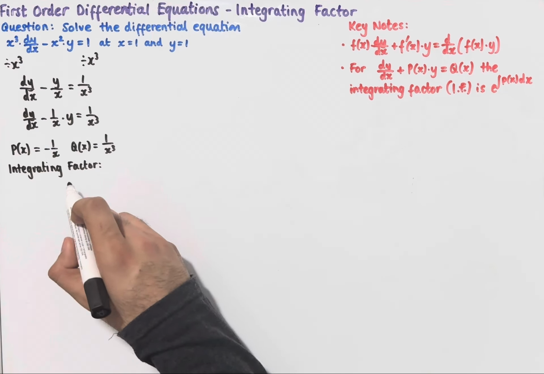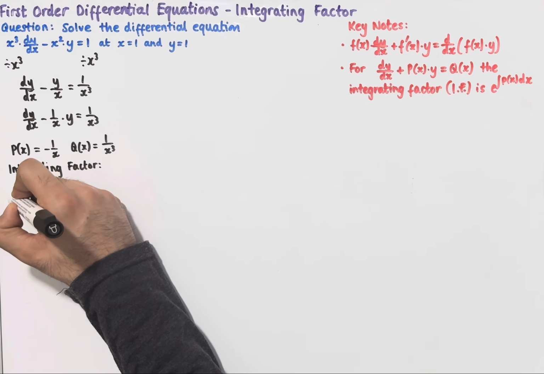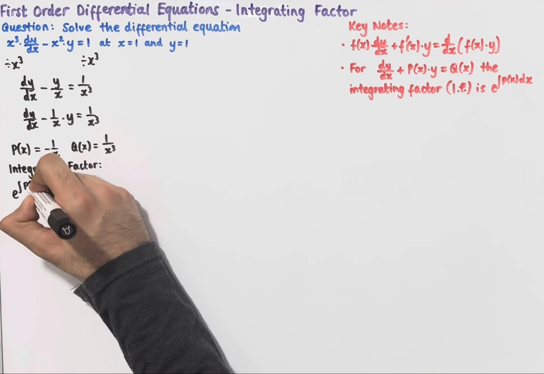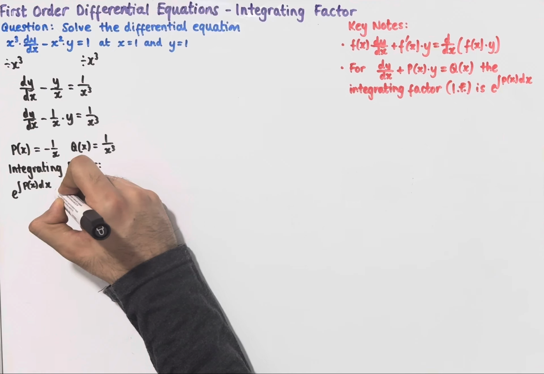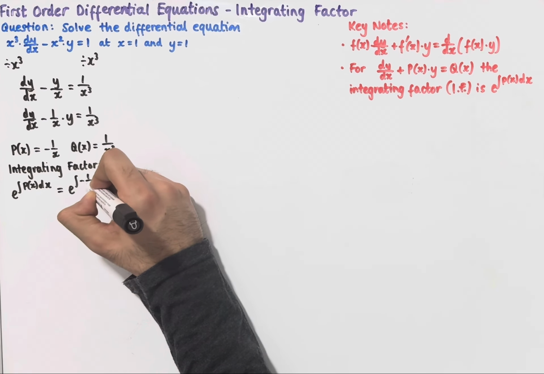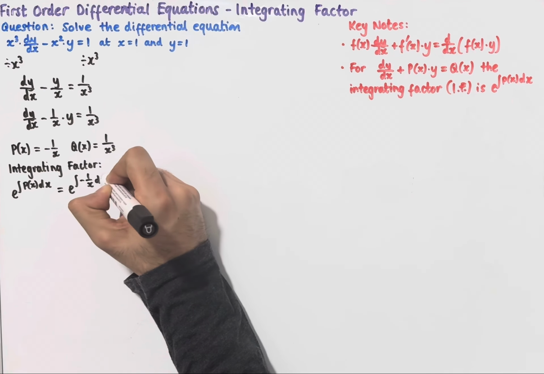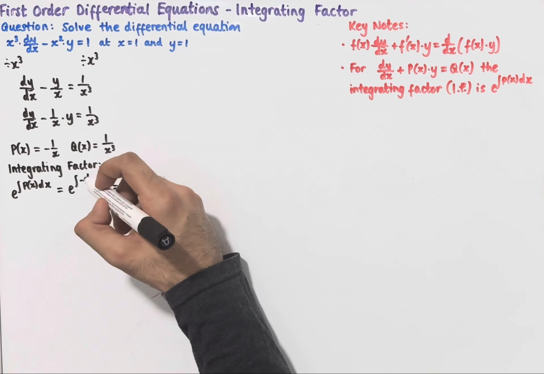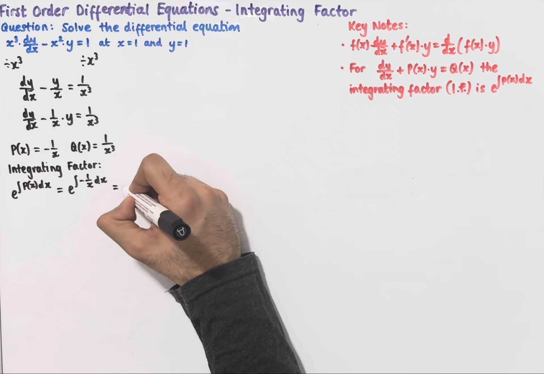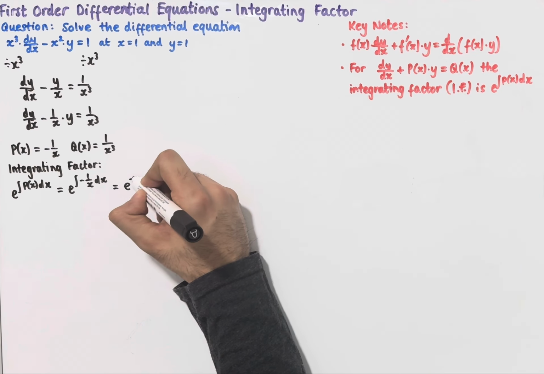So we're now going to work out the integrating factor, which is e to the power of the integral of p of x integrated with respect to x, which in this question is equal to e to the integral of minus 1 over x integrated with respect to x. And now if we work this out, the integral of minus 1 over x is equal to minus ln x, and so we end up with e to the power of minus ln x.